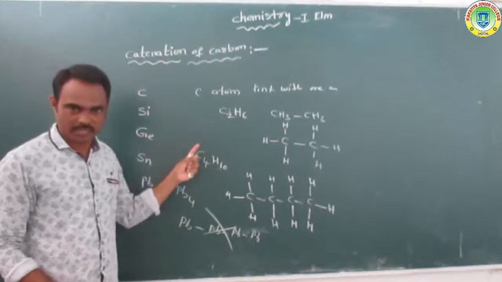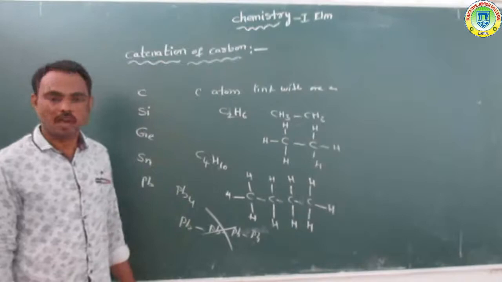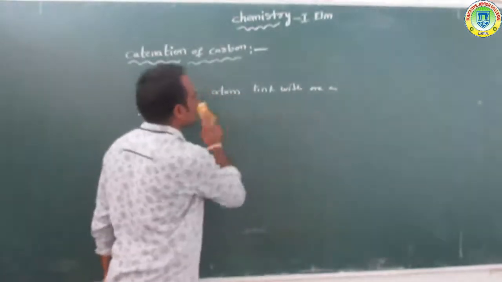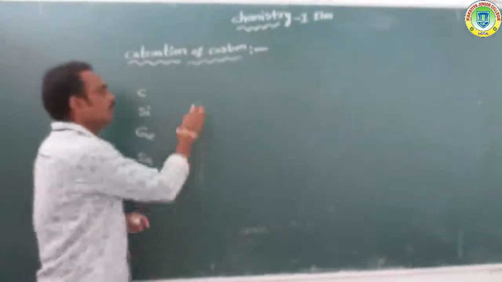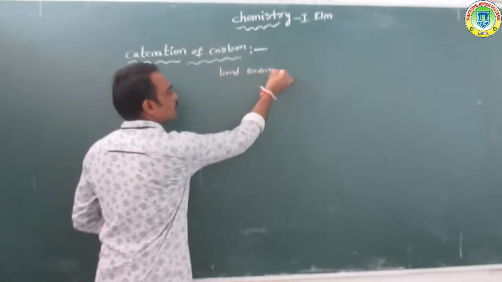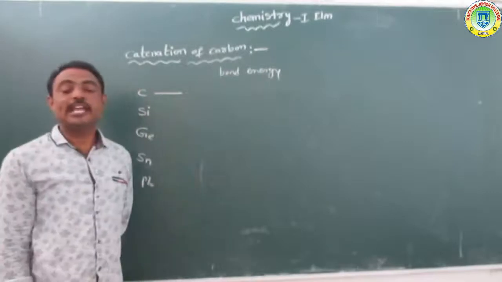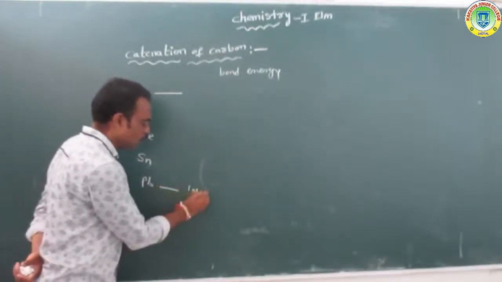This phenomenon is called catenation of carbon. Mainly, catenation depends upon the bond energy. Commonly, carbon contains very high bond energy, lead contains very low bond energy.